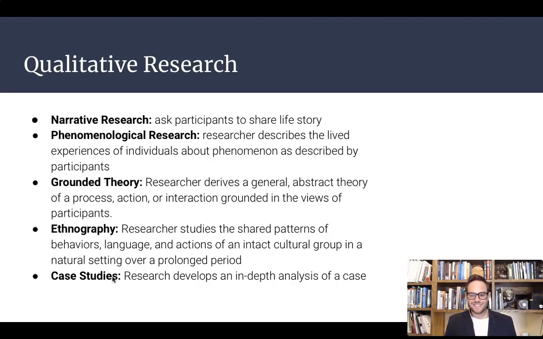Phenomenological research, say that a few times as fast as you can. This is essentially when a researcher describes the lived experiences of individuals about a phenomenon as described by participants. So this is what we will be doing in this class. We don't want to get too carried away with trying to understand people's whole life experience.